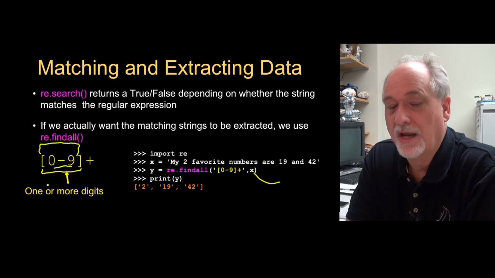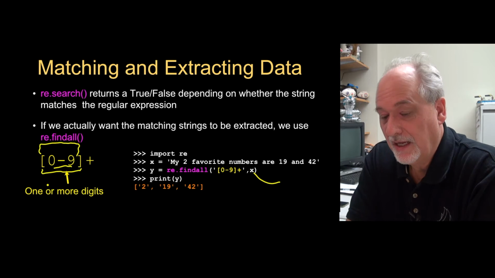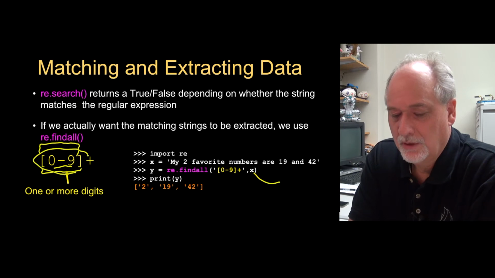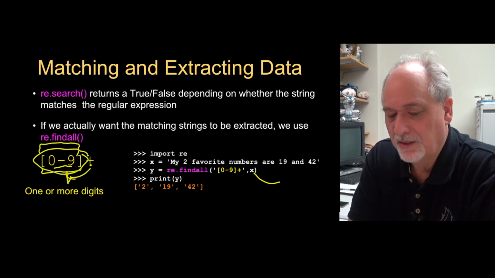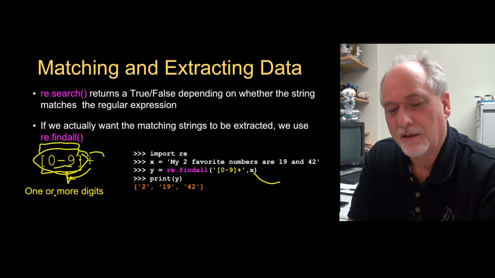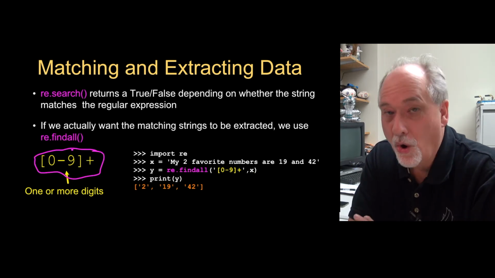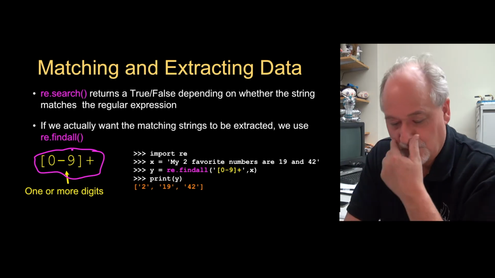So 0-9 means a single digit: 0, 1, 2, 3, 4, 5, 6, 7, 8, or 9. But that's really one character. And then when the plus applies to that, if we look at this whole thing, it says 1 or more digits. That's the code we write in a regular expression that says 1 or more digits.